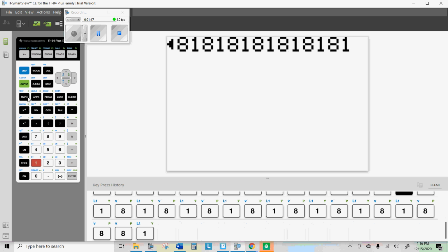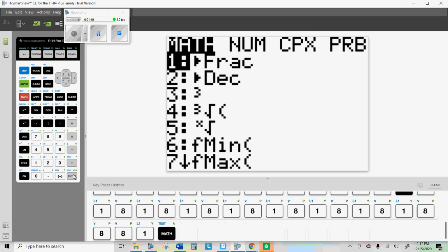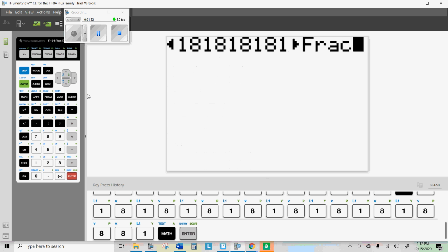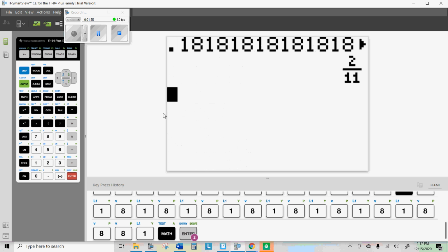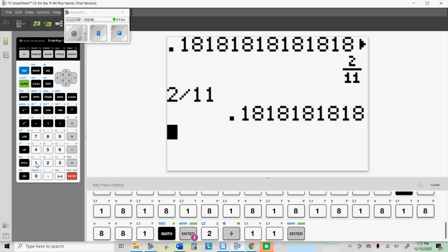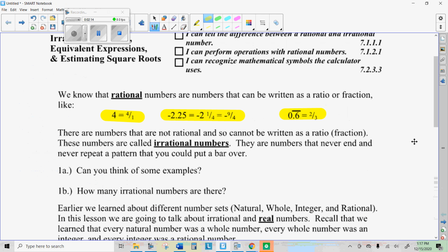Then I'm going to go to my math button here, and number 1 says fraction, and let's just see what it does when we do fraction. And there you go. 2/11 is the same as 0.18 repeating. Just to verify that, I'll do 2 divided by 11 to show you. There it is. All right, so repeating decimals can also be written as fractions, which means they are rational also.